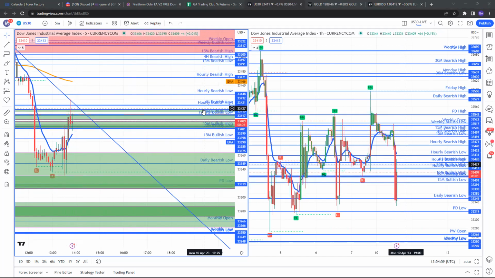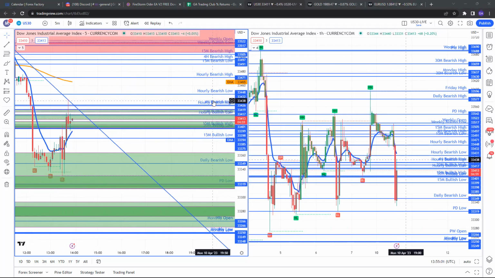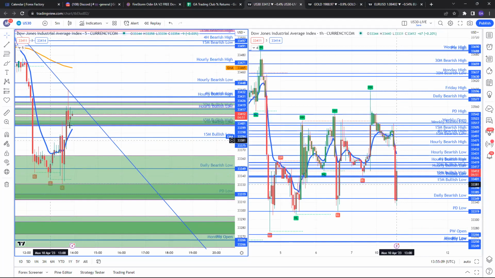We do have a 4-hour bearish high here. I think this is a 4-hour bearish high. It's ideally similar to an hourly bullish high. So let's see right here. We do have a 30-minute. We do have Friday low right here. And we do have a 30-minute bullish high and 15-minute bullish high.